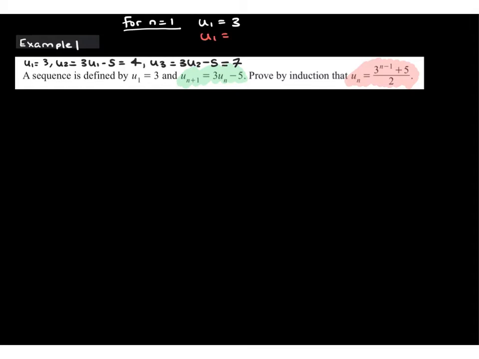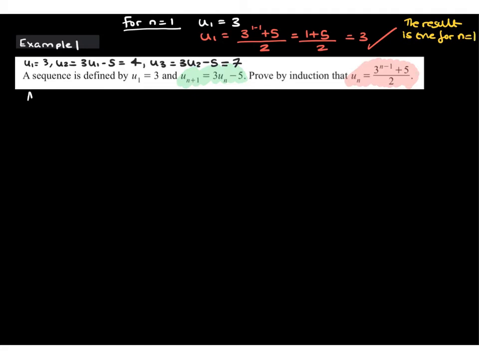It tells us that that would be equal to (3 to the power of 1 minus 1, plus 5) all over 2, which of course gives us (1 plus 5) over 2, which is 6 over 2, which is 3. So it works. So the result is true for n equals 1. Must always make sure we include this check.